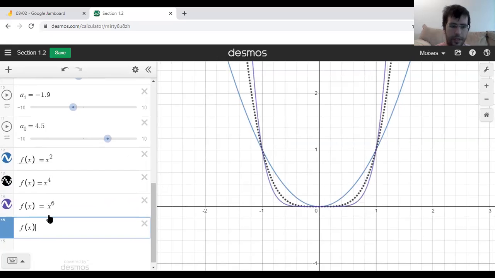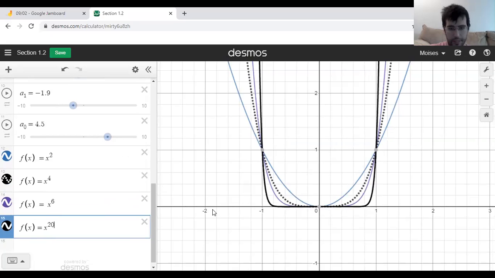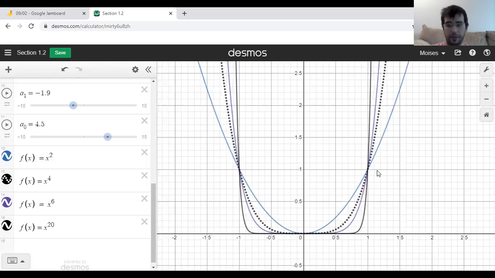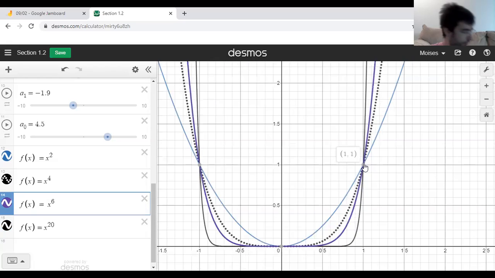If you do x to the 20, at some point it's going to kill my computer. It's way, way flatter, and way, way more vertical once it reaches 1. They all go through the point (1, 1).